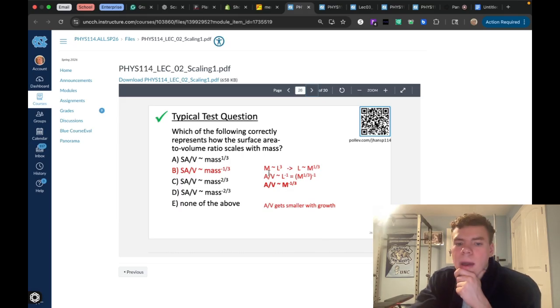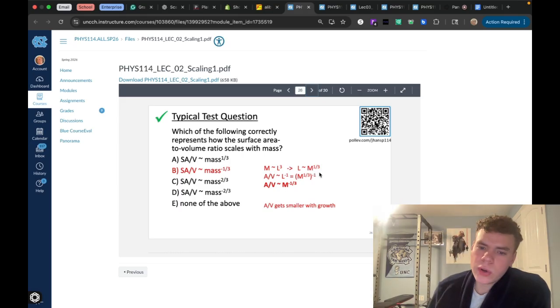All right, so mass is L cubed, and then L is equal to mass to the 1/3, which would make sense. So you're really breaking it down.